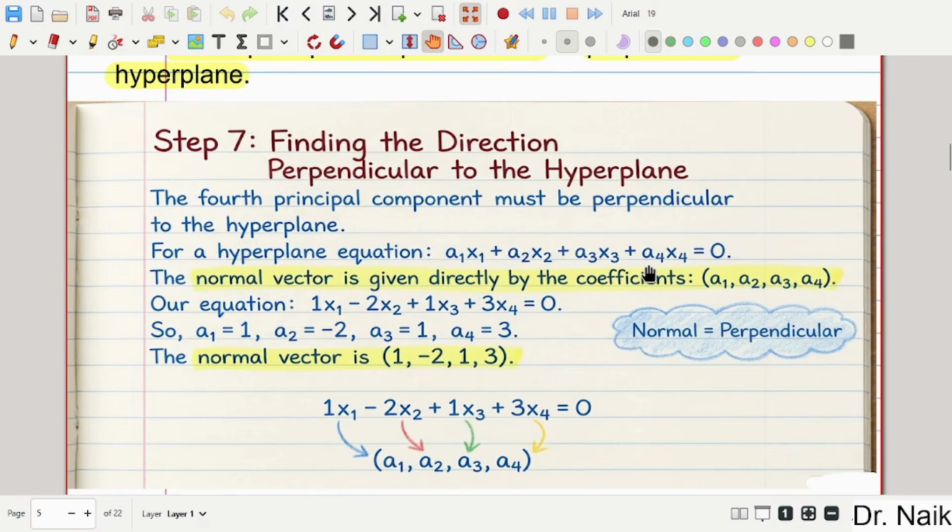Therefore, in our equation, 1x1 minus 2x2 plus 1x3 plus 3x4 is equal to 0, a normal vector is formed by its coefficients. So a1 is 1, a2 is minus 2, a3 is 1, a4 is 3. Therefore, the normal vector is (1, minus 2, 1, 3).